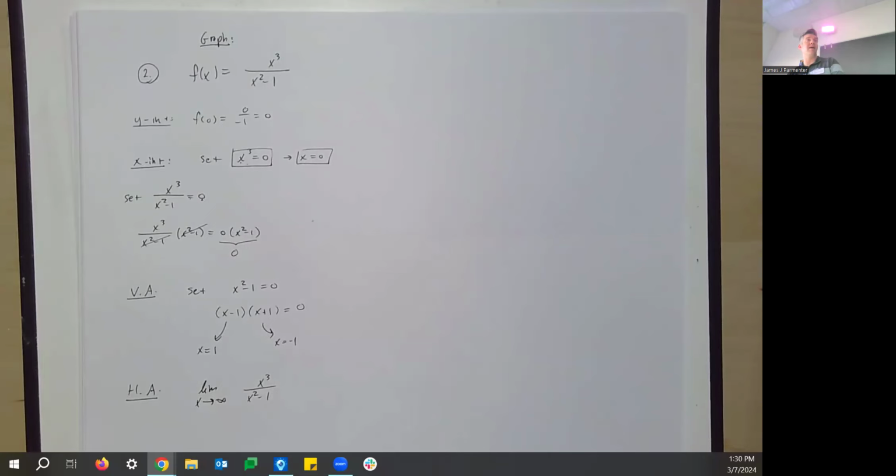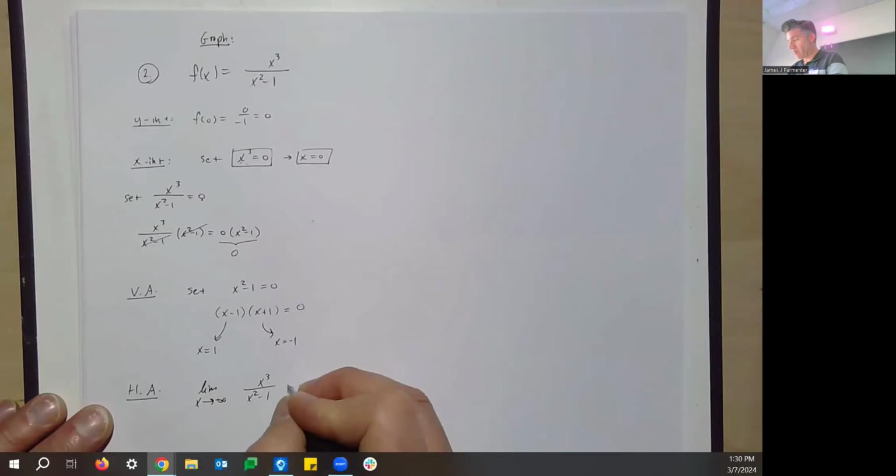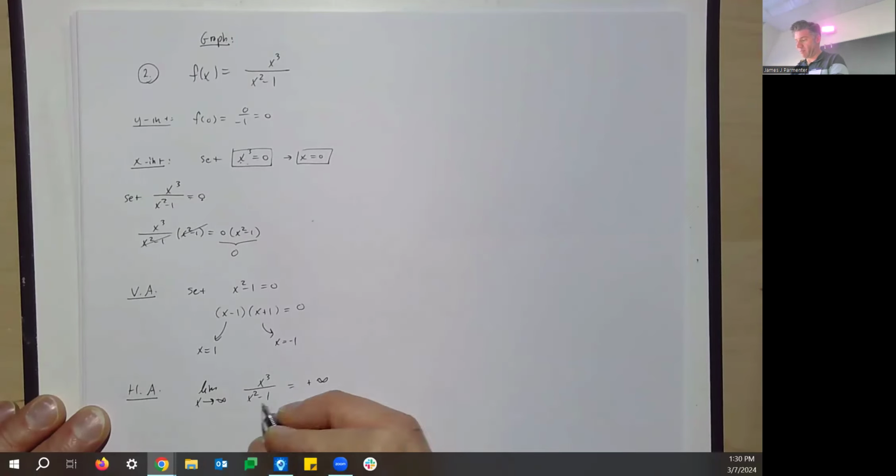Meaning it doesn't have a limit that's a finite value. This limit is going to be positive infinity to the right, and negative infinity to the left. If you wanted to, you could do the work of dividing the top and bottom by the largest power of x in the denominator.